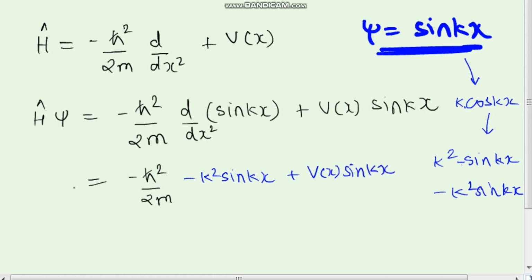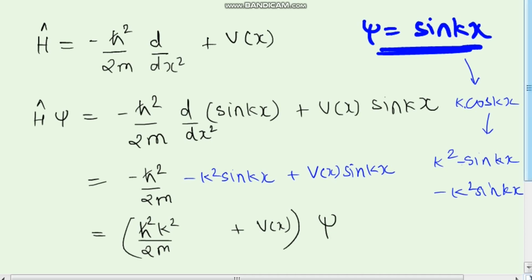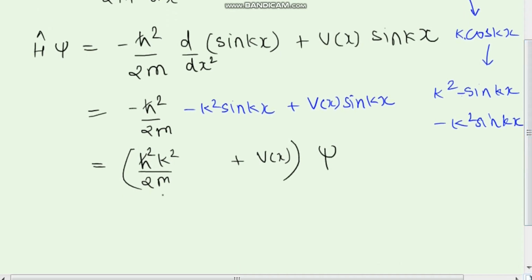So what did we learn? We saw that this is going to be plus h cross square k square by 2m psi again, plus V of x and psi again. You can in fact take psi out of this equation, and what is in this bracket?